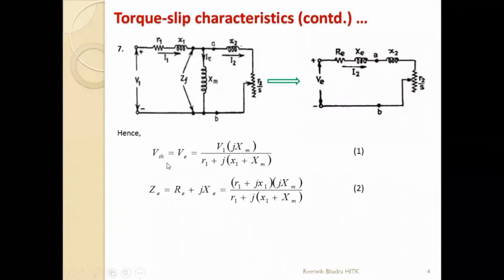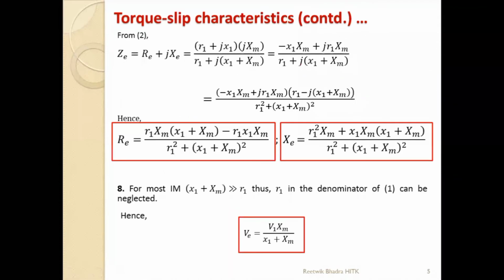See, VTH with neglecting R1, we'll write the equation now. Now if a question consists of R1, X1, XM and everything, you have to use these two standard equations, RE and X. If it is told R1 neglected, then you will go for the next formula. This is the standard equation. Up to number 7 was the standard equation for RE and X.